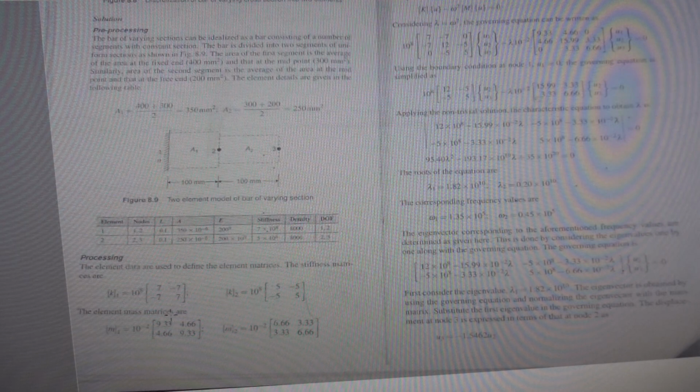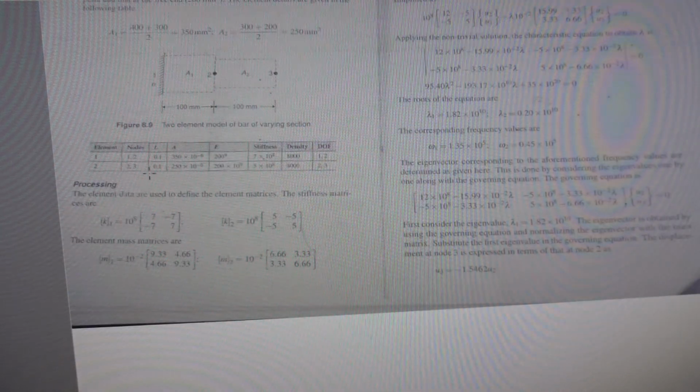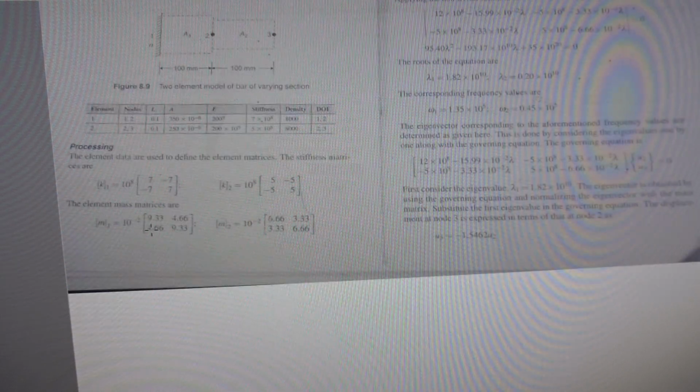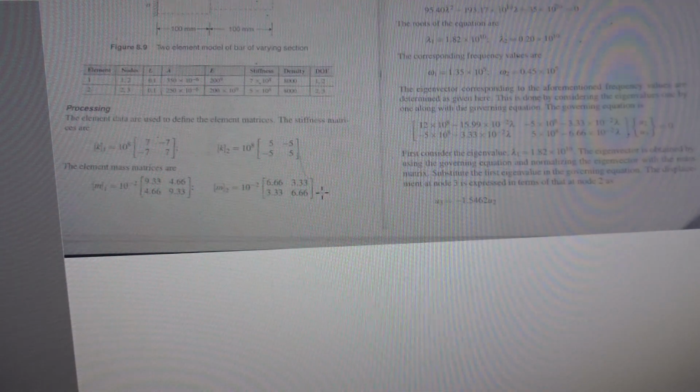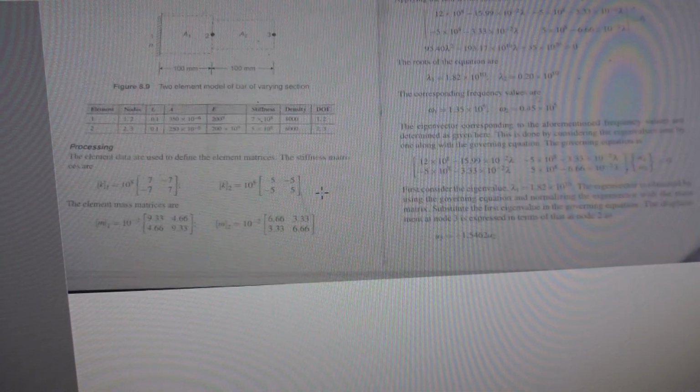Similarly, this becomes a two-element bar problem, and find K1, the stiffness of the first element, and the stiffness of the second element. Similarly, use the mass matrix for element 1 and the mass matrix for element 2.